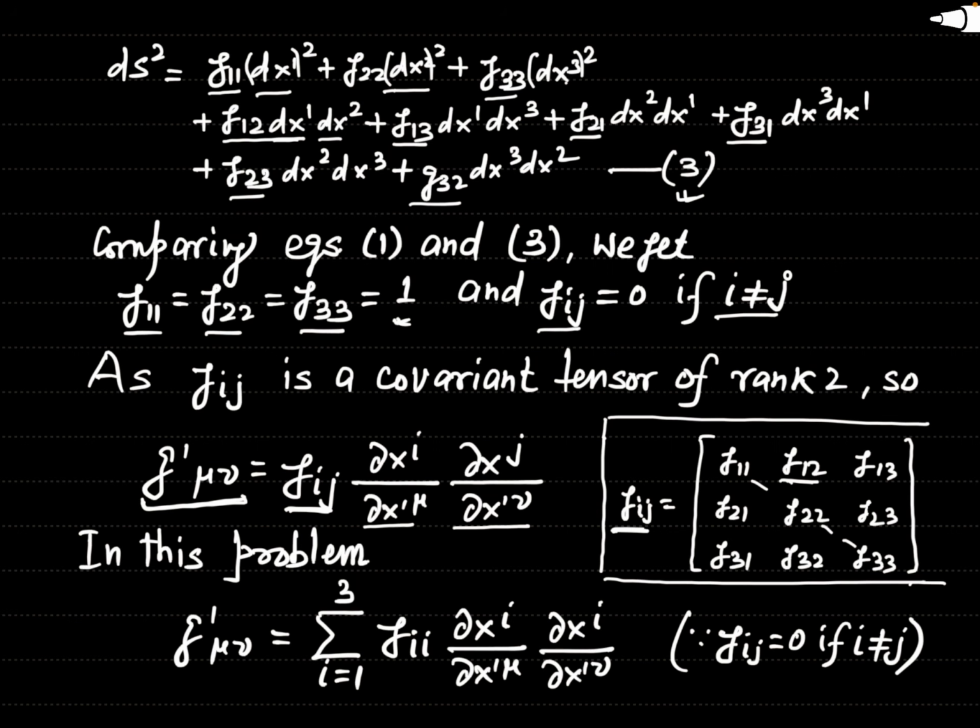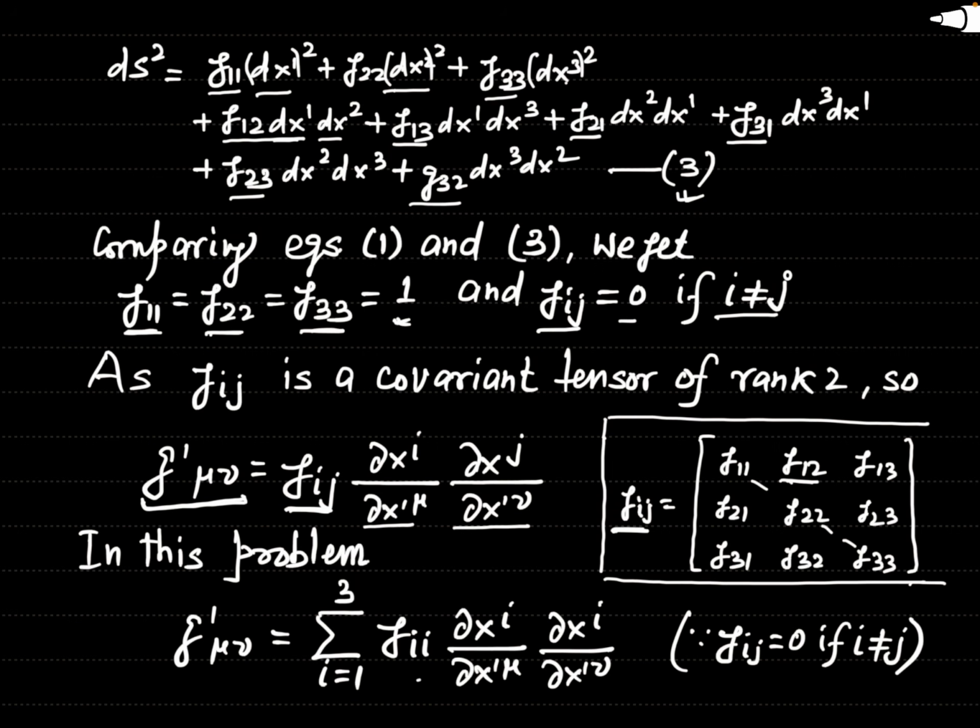You know this. Now, when we talk about this problem, you can see in the present context, since Gij is equal to 0 if i is not equal to j, and Gij is equal to 1 when i is equal to j, you can see here G11, G22, G33, all these are equal to 1. So in fact, this transformation equation in this condition may be written like this.